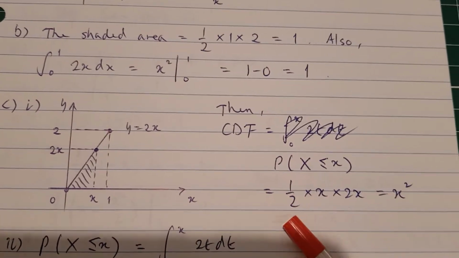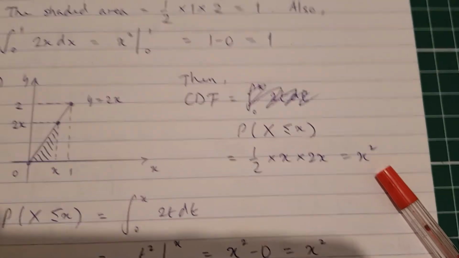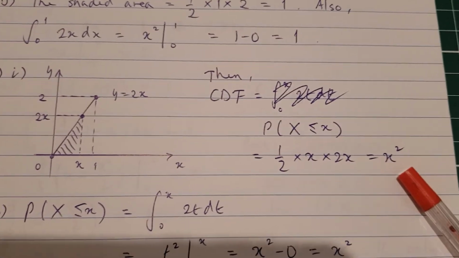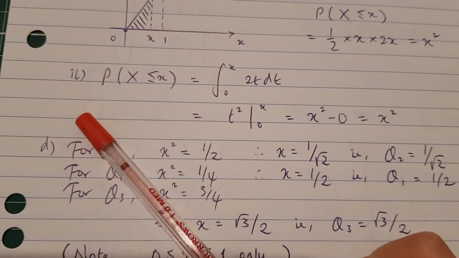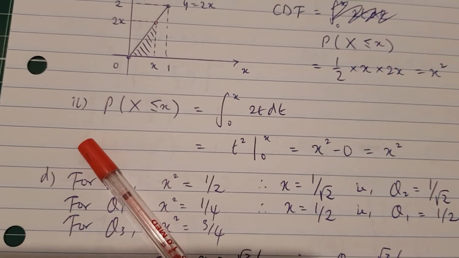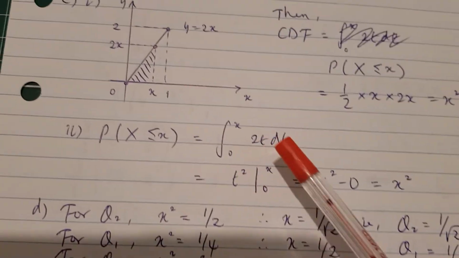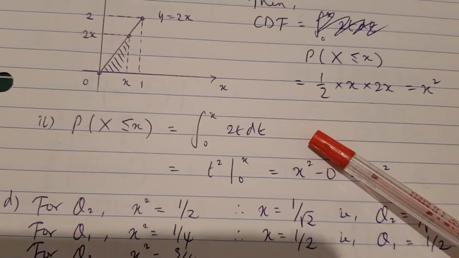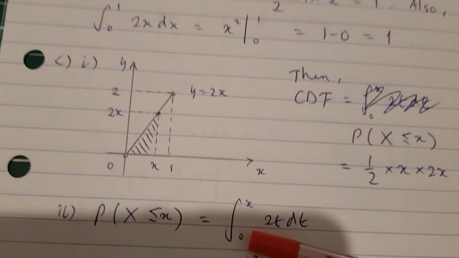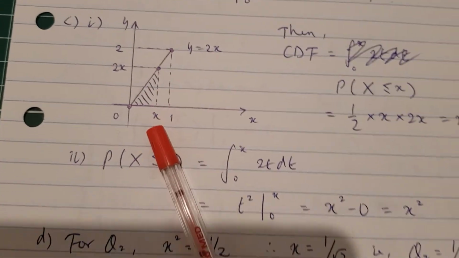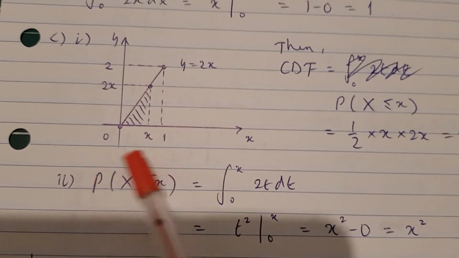So again, half times base x times the height 2x is x squared, which means this is now your CDF, the cumulative distribution function, which is what part 2 is trying to get you to do again, but in different language, in the language of integration. So there we go. This is from 0 to x, where x is any value between 0 and 1.